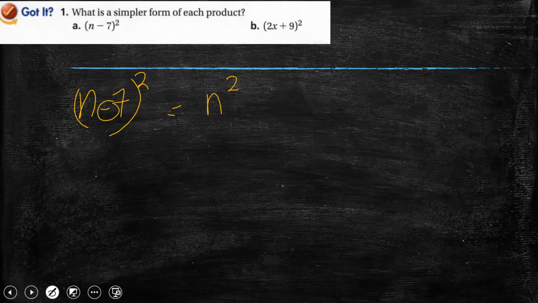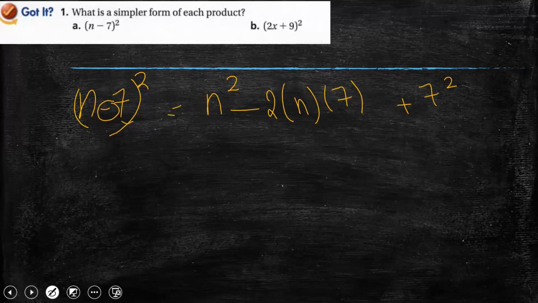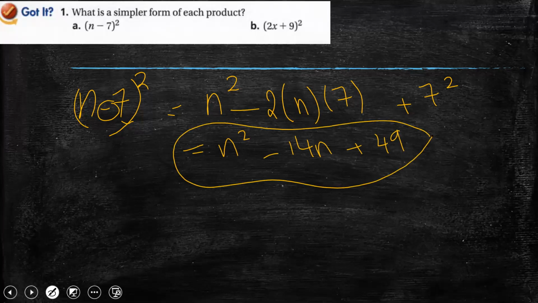The sign here is minus, so I keep it as minus 2 times the first term times the second term, plus the last term squared. So it comes like n squared minus 14n plus 49. This will be now (n minus 7) squared. This is the simple form of the product of (n minus 7) times (n minus 7).